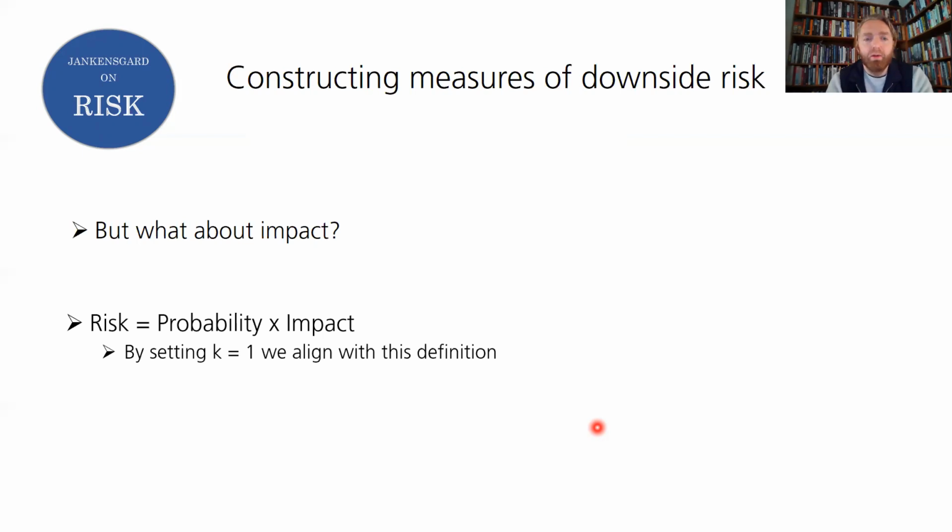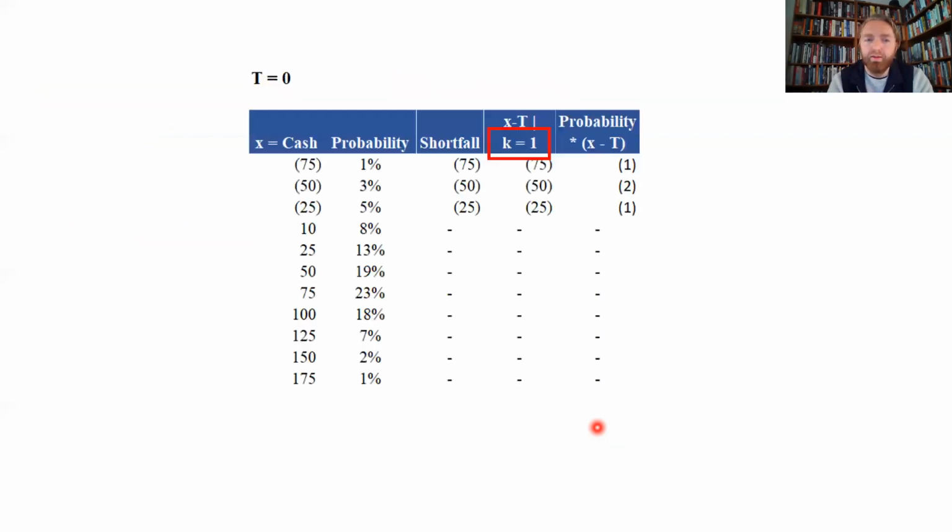By setting K equal to 1, we align with this intuition that the magnitude of the consequence matters. So now K is 1. Raising the shortfall by a power of 1 returns the shortfall. Mathematically speaking, whenever something is raised by a power of 1, you get the number itself.